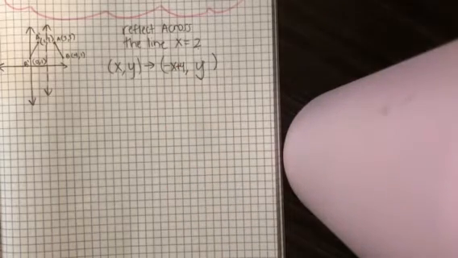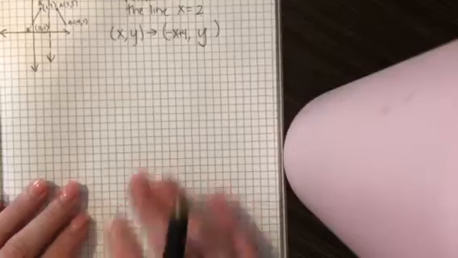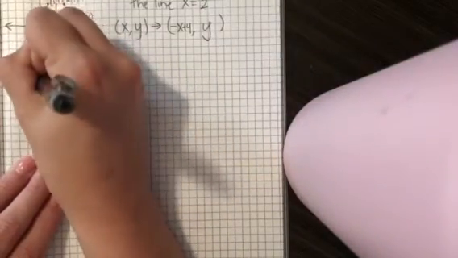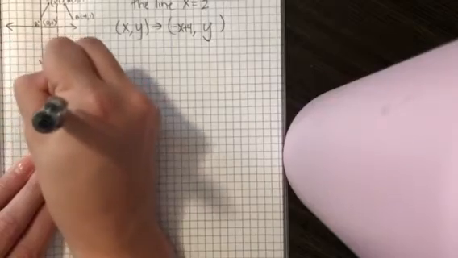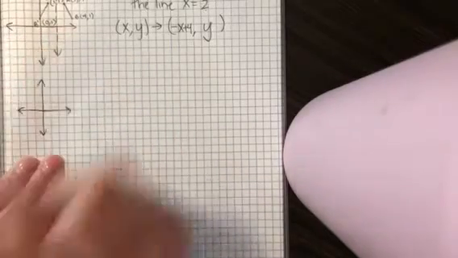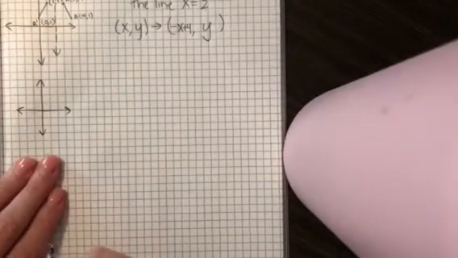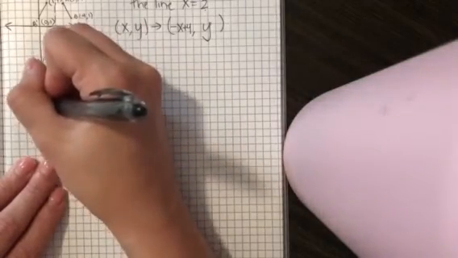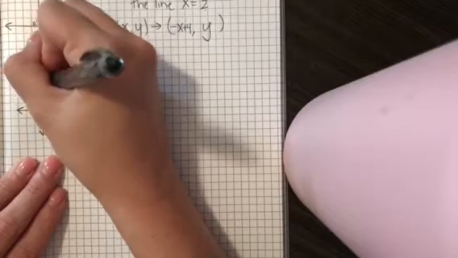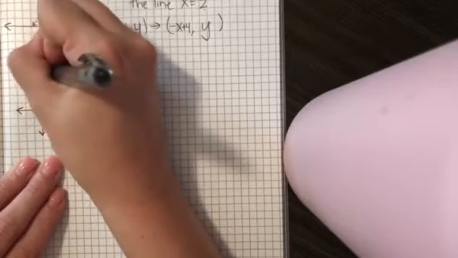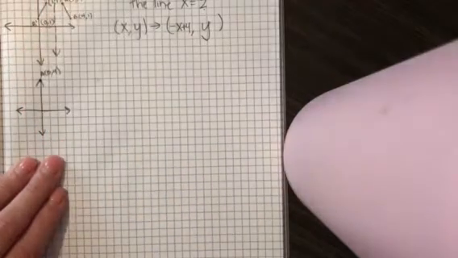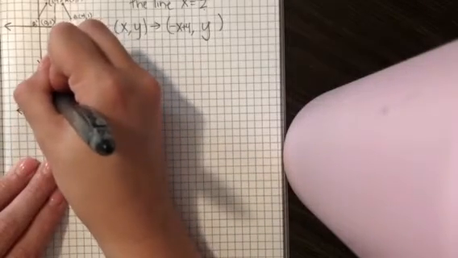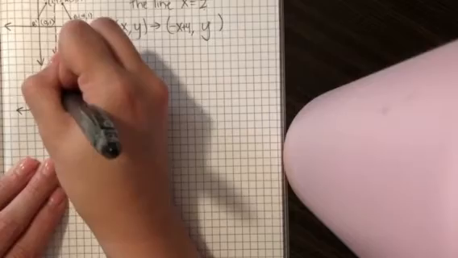Okay, let's look at another example, but with a horizontal line. I'm going to use, let's do (0, 4) for my A coordinate. And let's do (1, 3) for the B coordinate.